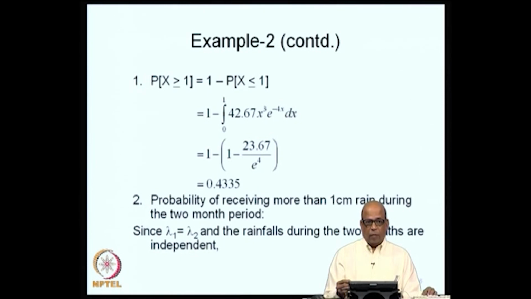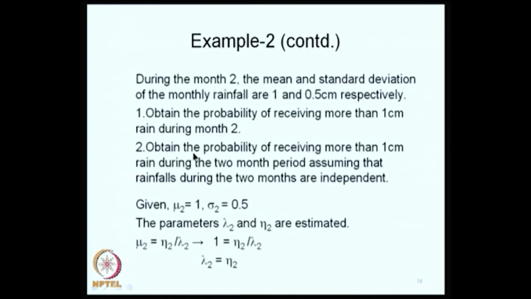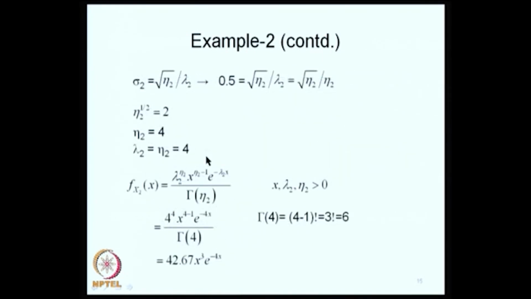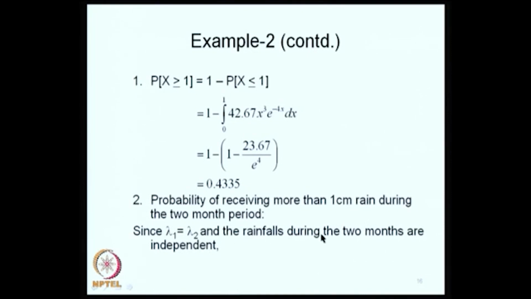Now, because lambda 1 is equal to lambda 2 in this case, as you can see lambda 2 is equal to 4 here and lambda 1 is also 4, the scale parameter is the same, and we are also given the fact that the rainfalls during the 2 months are independent.